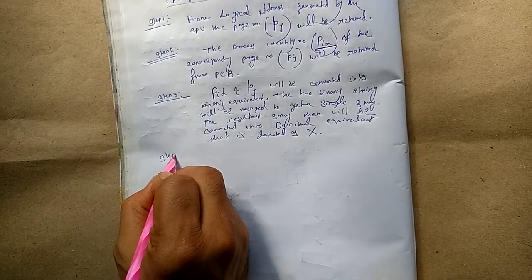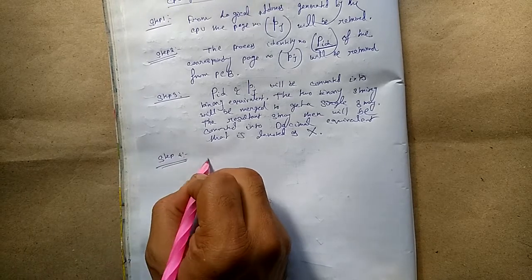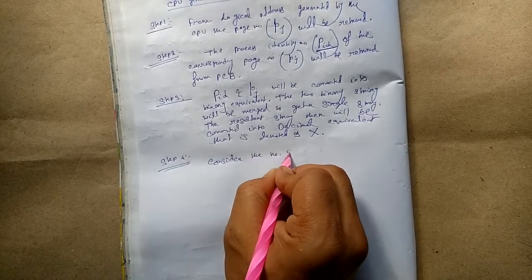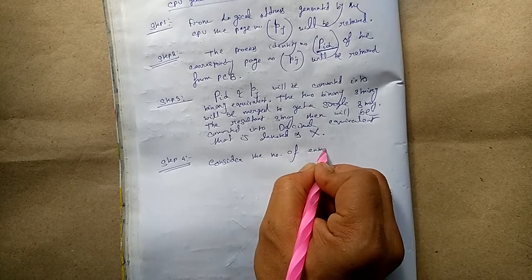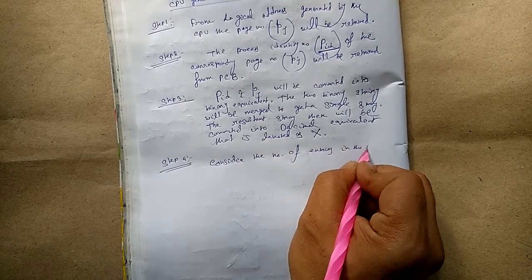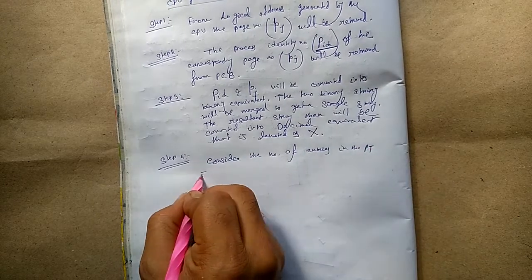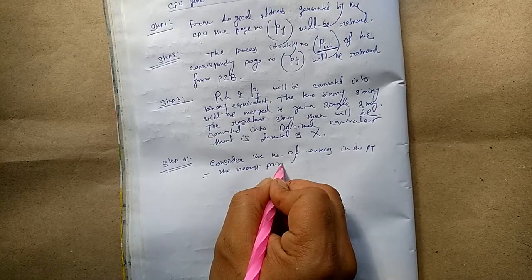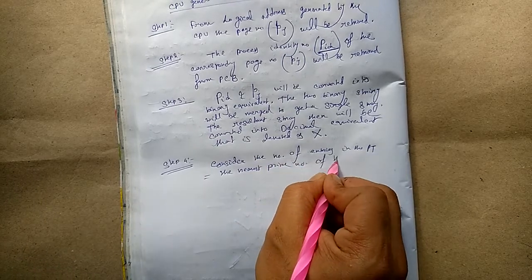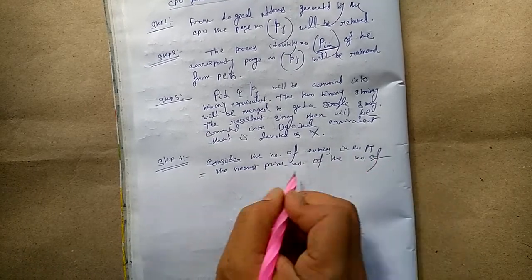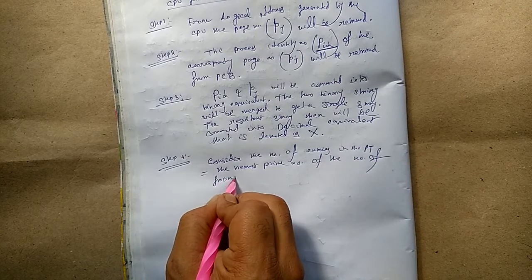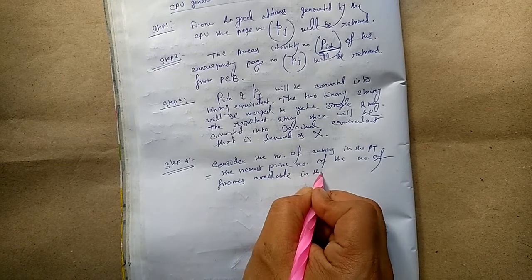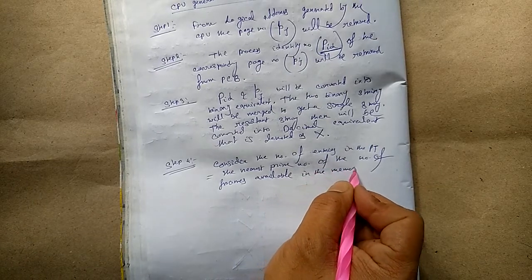Next, step 4, consider the number of entries in the page table equal to the nearest prime number of the number of frames available in the memory.